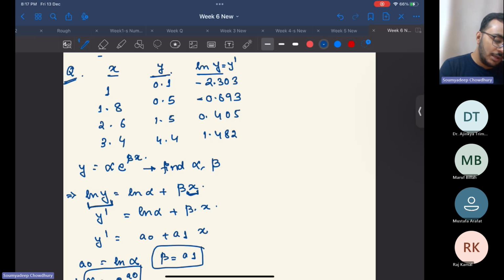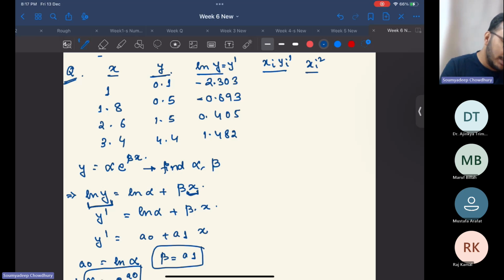So you need xi into yi dash and xi square, these two, right? Forget y now. Your y is now changed to y dash, which is ln y.